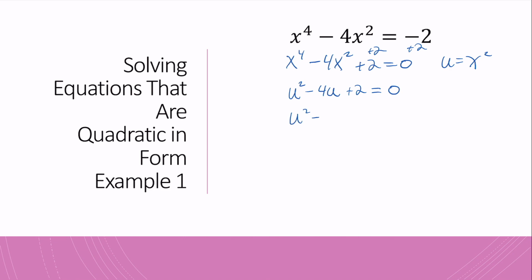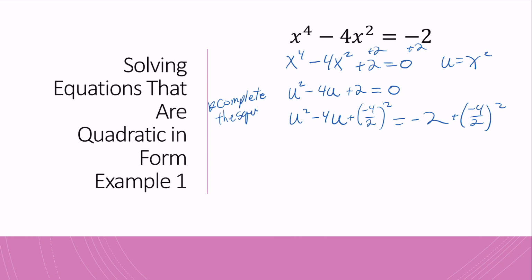So let me go ahead and move that 2 back over. I guess I could have left it over there. And I'm going to add my b divided by 2, squared, to both sides, because that's what we do to complete the square. Let me label it so you know which method I'm using. So I'm going to have u squared minus 4u plus 4, because negative 4 divided by 2 is negative 2, squared gives me 4.